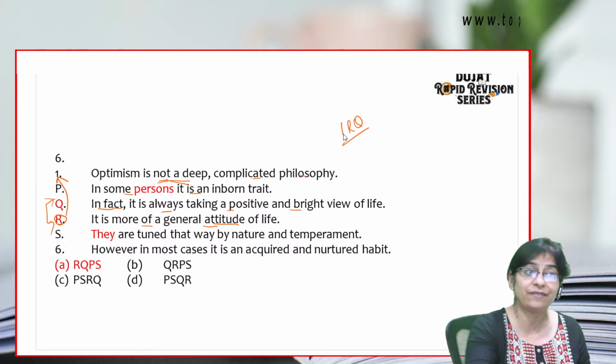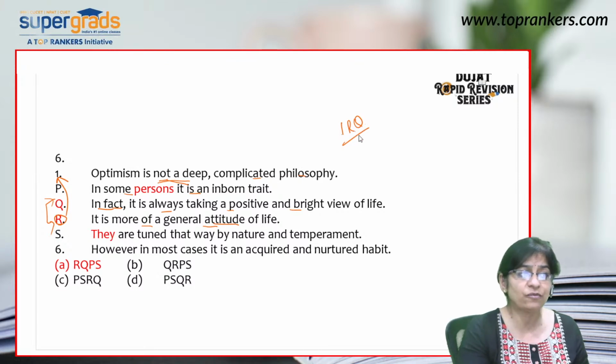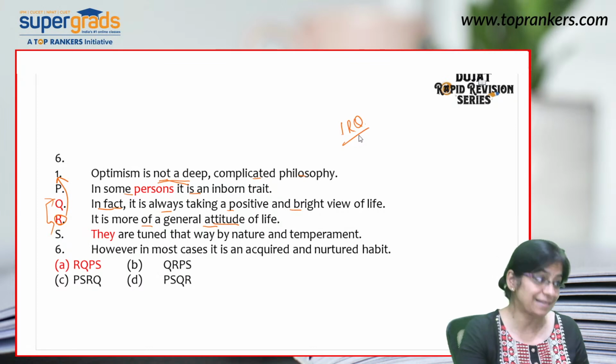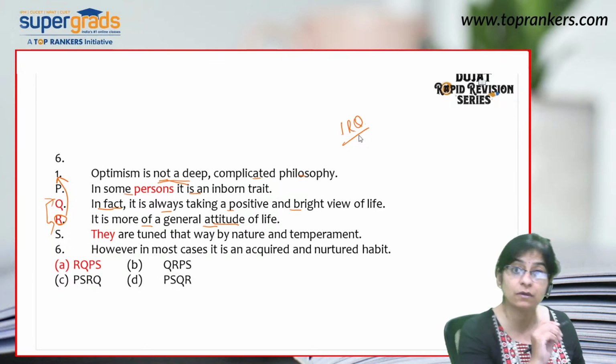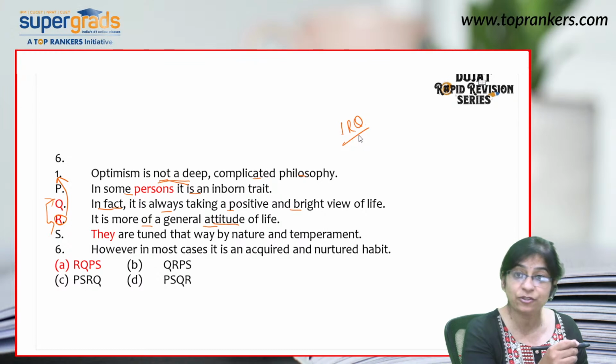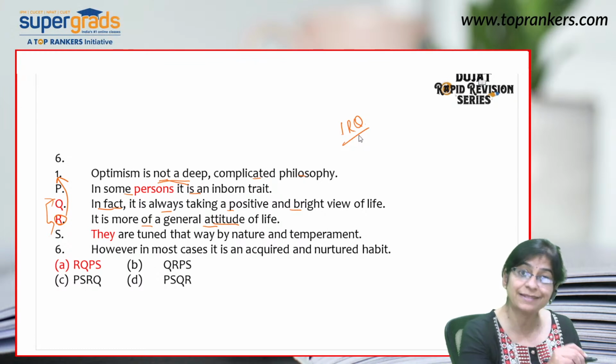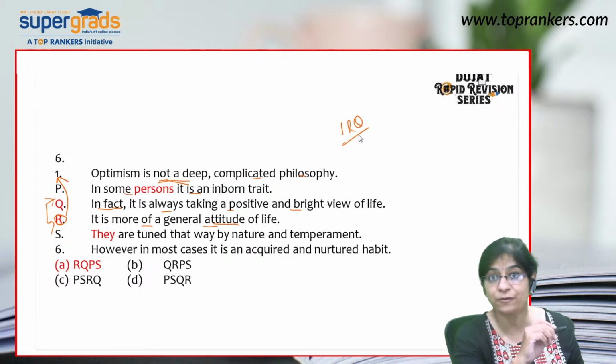So we know that we need R and Q. Let's look for the option that has R and Q, and that's number one. Yes, that's absolutely right, Vinayak. I couldn't agree more. So for the ones who did not get the answer exactly the way it should have been, I hope this made it clear as to why A is a better answer choice compared to B.